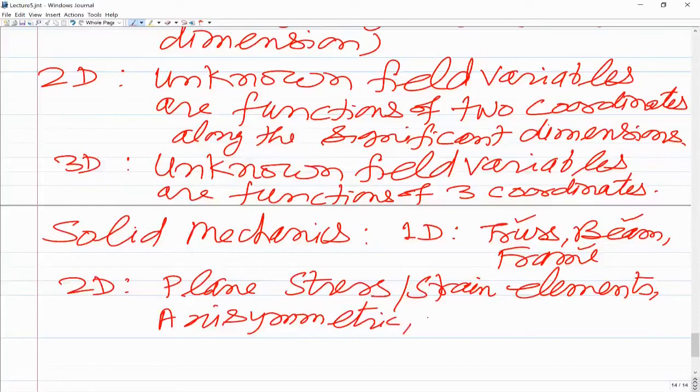And then plate bending: like beams, in 2D you have plates. For example, if you look at the panels of a ship or submarine, the different panels between the rings and stiffeners are subjected to transverse pressure, say hydrostatic pressure. So they are going to undergo bending, and if you want to model them, then you will use plate bending elements.